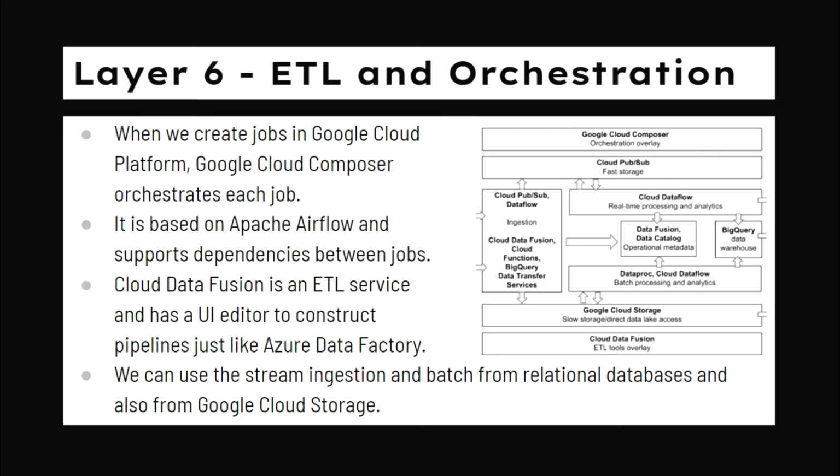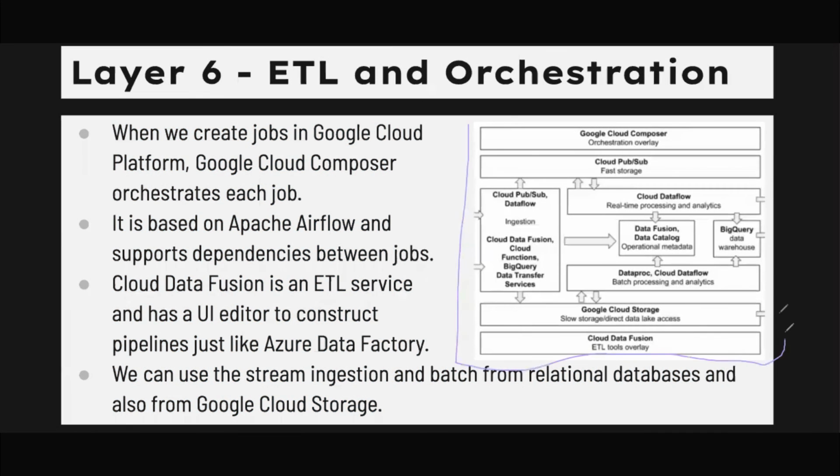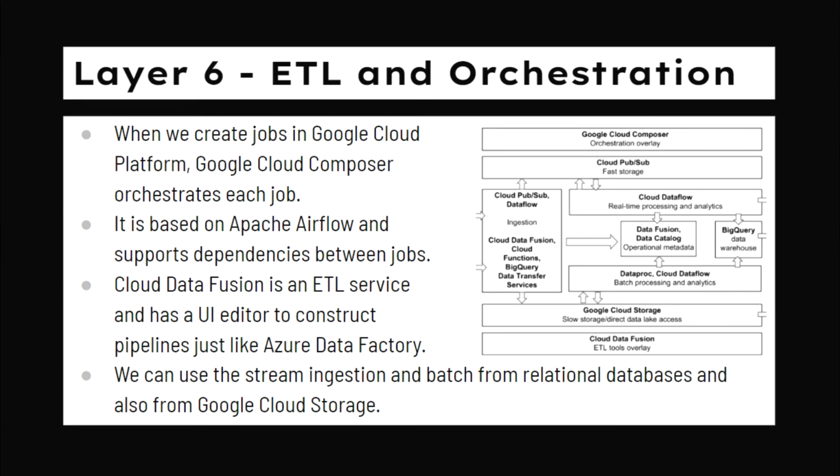Layer 6 is this part of the cloud platform architecture. We created jobs in Google Platform. Google Cloud Composer orchestrates each job. It is based on Apache Airflow and supports dependency between the jobs. Cloud Data Fusion is an ETL service and has a UI editor which helps in the construction of pipelines, just like Azure Data Factory.